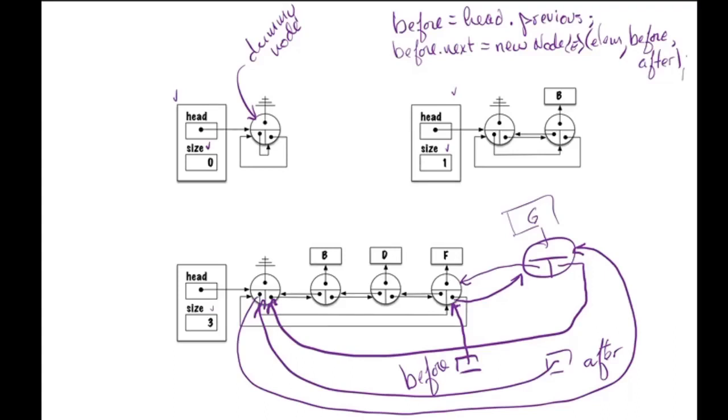When we're done inserting the node, we need to change the value of after.previous, or prev, depending on how we decided to implement it, to point at before.next.